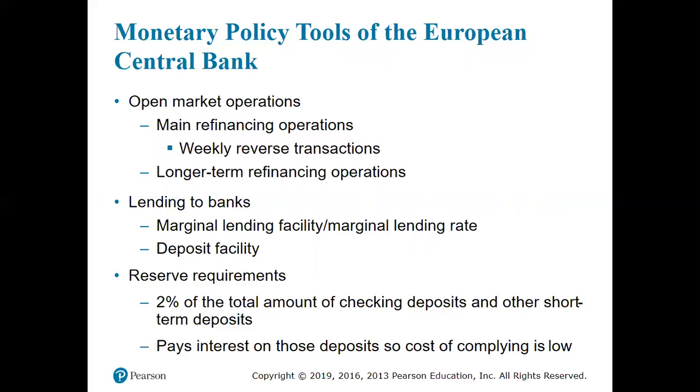The U.S. Fed obviously, beginning of this year, reduced reserve requirements to zero. The European Fed, at least as of the writing of the text, was at 2% of checking deposits and other short-term deposits. But overall, you'll see that the European Central Bank is, in terms of their policy tools, pretty similar to the U.S. Fed.